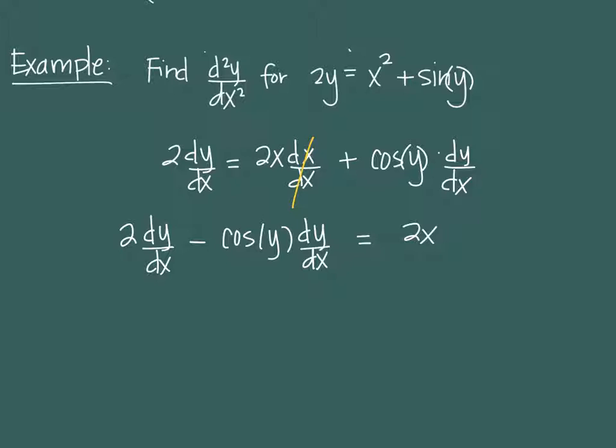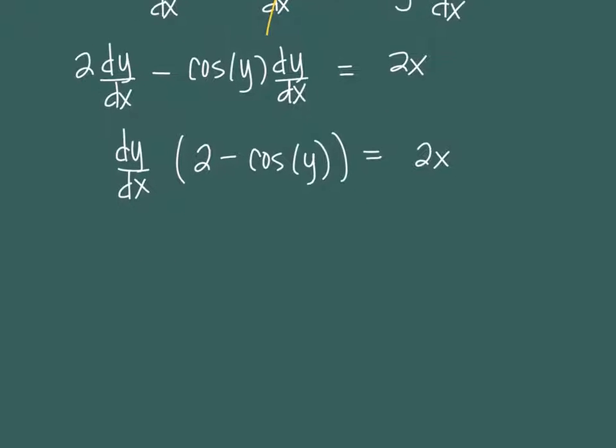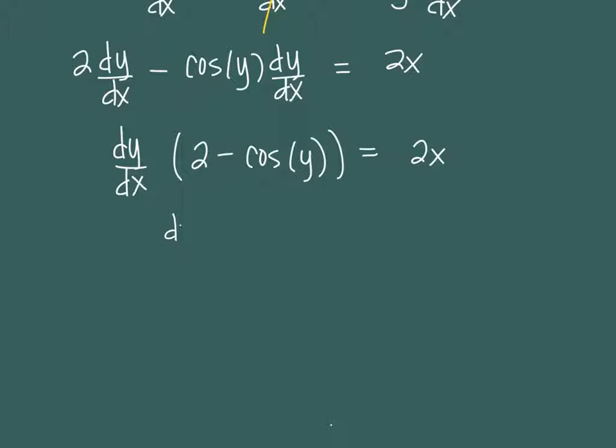Since dy/dx is common to both of those, I can factor it out as a GCF. And so on the outside I would have dy/dx, and on the inside 2 minus the cosine of y, and then still equaling 2x. And then I'd finally get dy/dx alone. So 2x over 2 minus cosine of y.